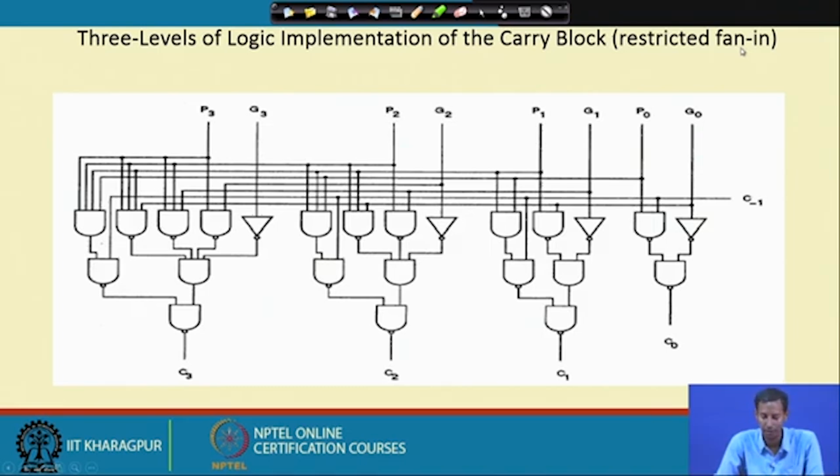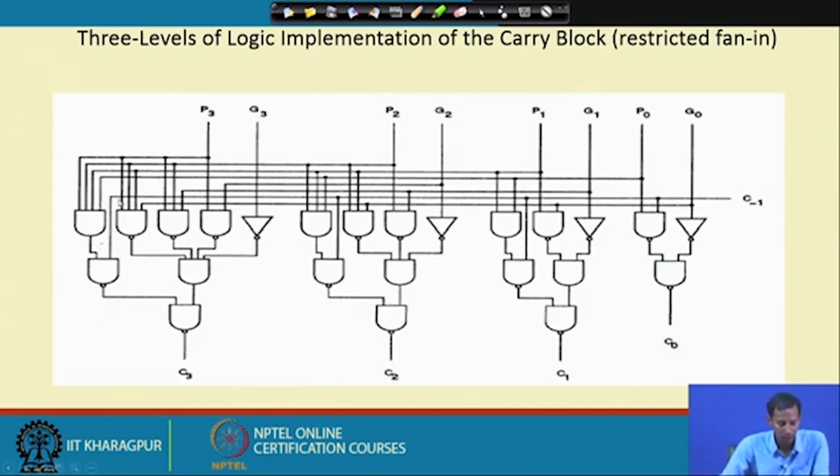Restricted fan in means that the maximum number of fan in will be 3 or 4, so it cannot go beyond 4.